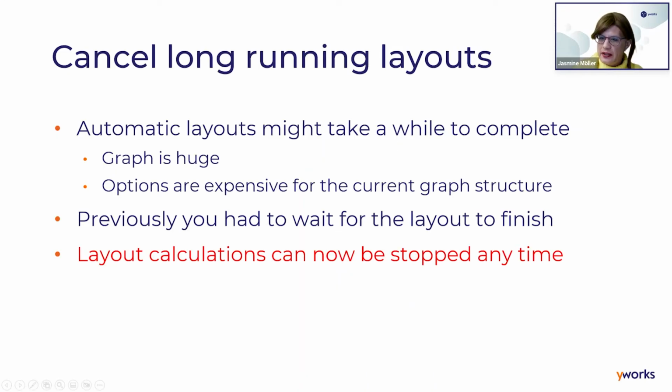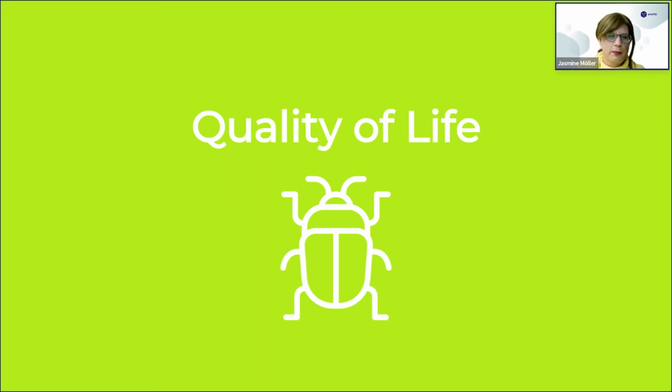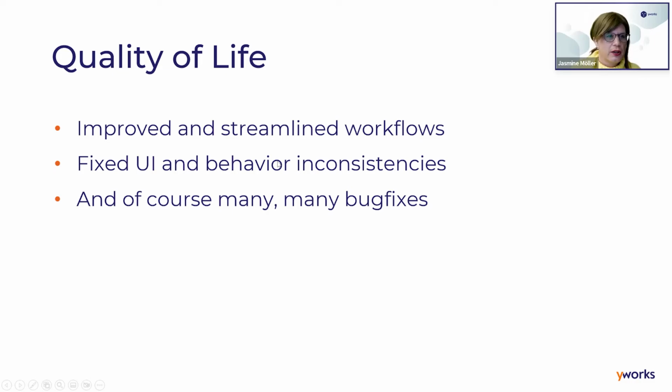And let's see. So this is all about the main layout features. We also improved the quality of life in general of the product. We have improved and streamlined some of the workflows, like when you want to add a new diagram, it's a little bit more straightforward now. We've removed a bunch of misleading options that didn't really work or were basically duplicated options you already had.